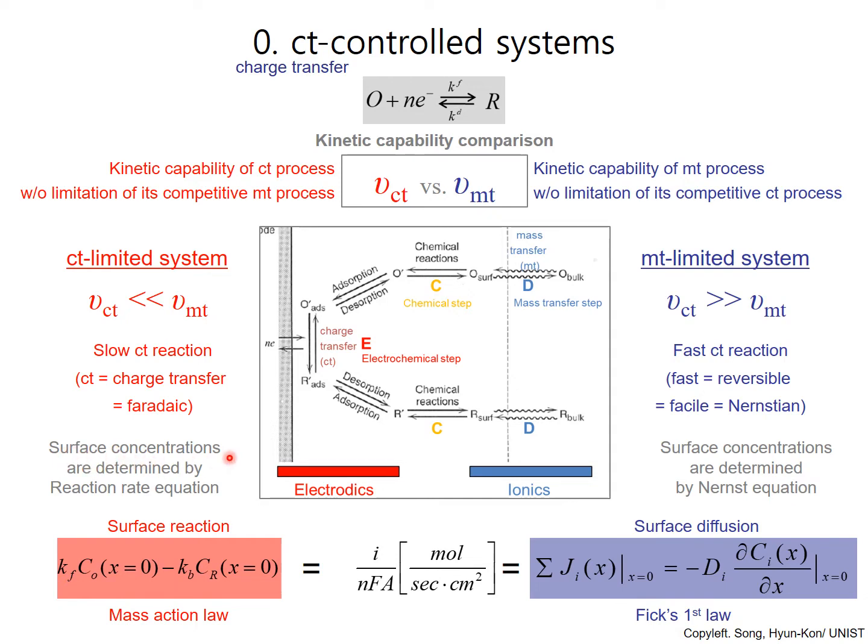Surface concentrations are determined by kinetics instead of thermodynamics. Again, surface concentrations are determined by the reaction rate equation instead of the Nernst equation in charge transfer limited systems. So the current cannot be described by mole flux anymore. Instead of mole flux, we should think about the reaction rate equation.